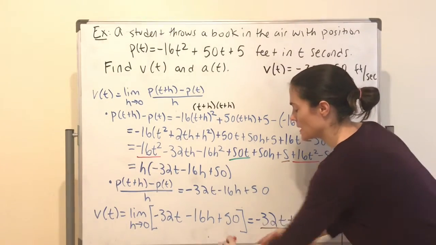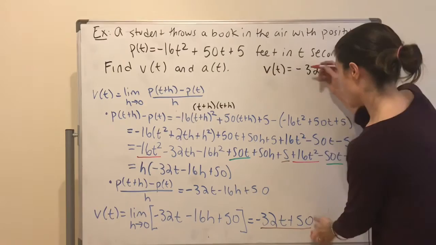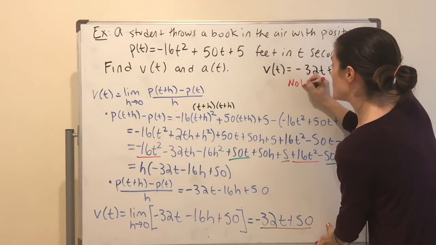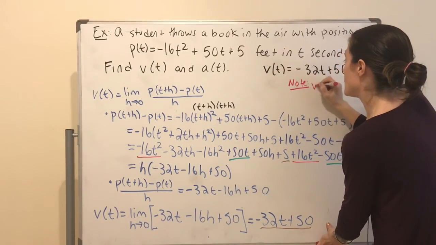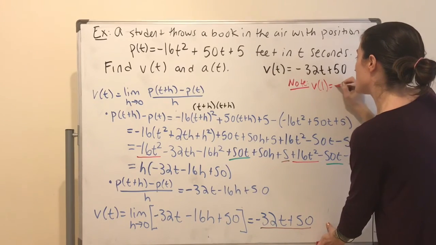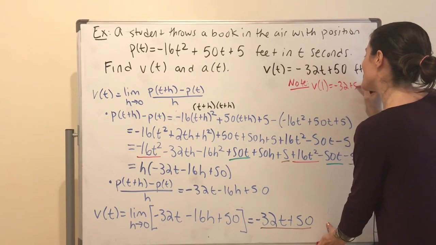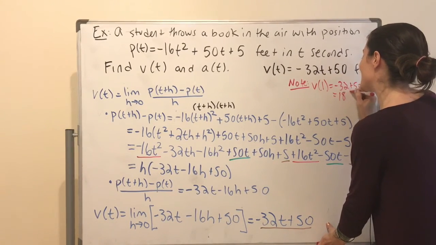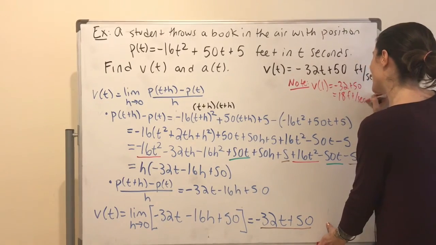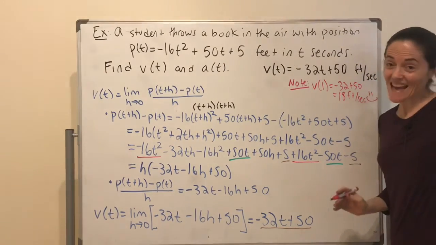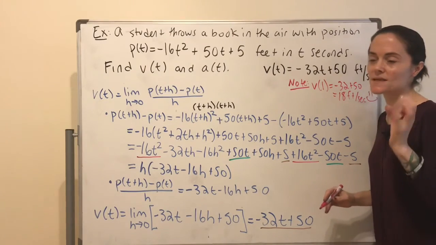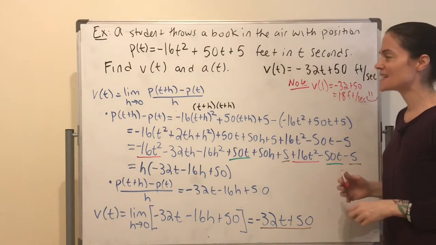Maybe I'll do this in pink. If you evaluate this at t equals 1, we get minus 32 plus 50, which is 18. And that gives a happy face because this is what we saw in Desmos.